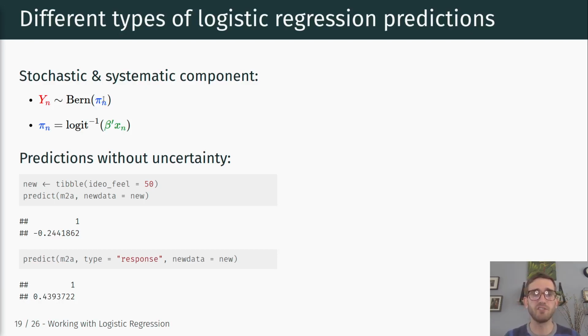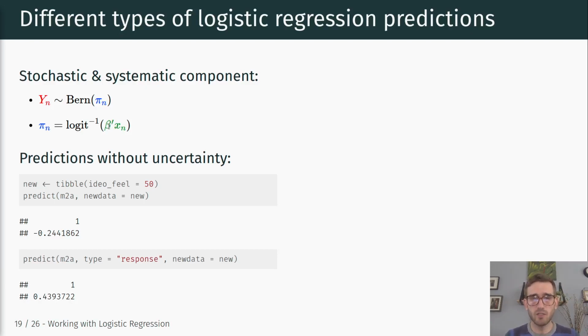And this is where our systematic component comes in, right? We're modeling the success probability, pi n, the probability of observing a 1 rather than a 0 on our y variable, as a linear combination of all of our predictors x times our coefficients beta, right? So beta prime x n is just the sum of the individual predictors times their respective coefficients, okay?